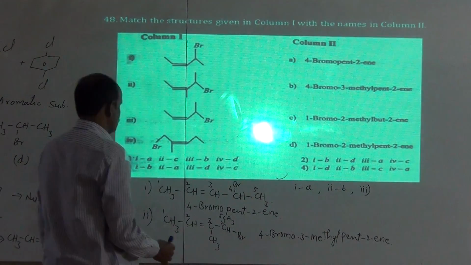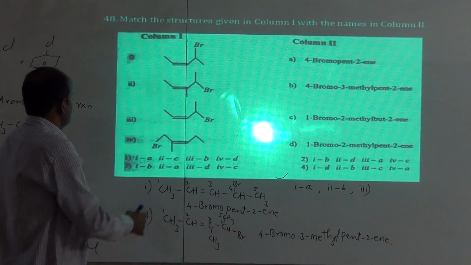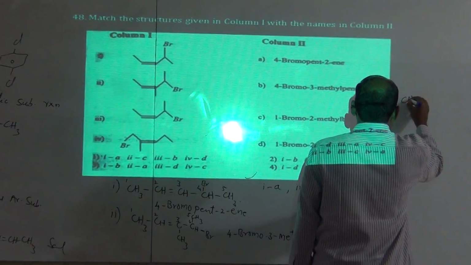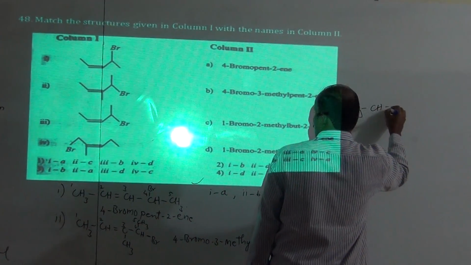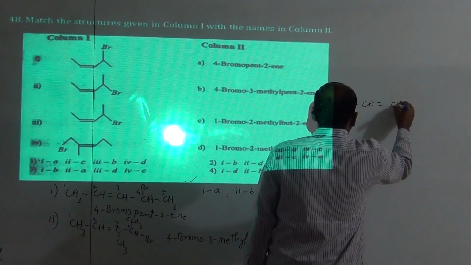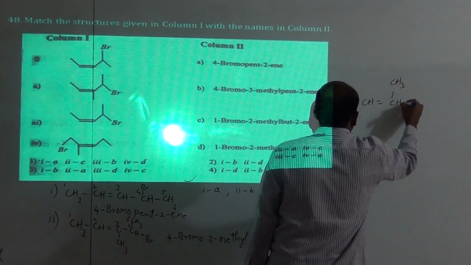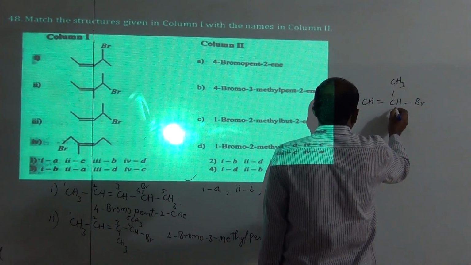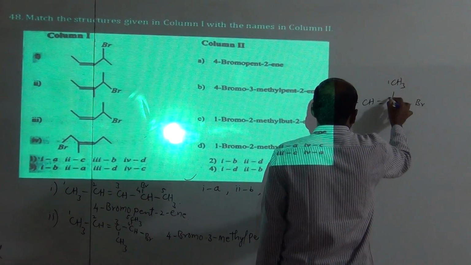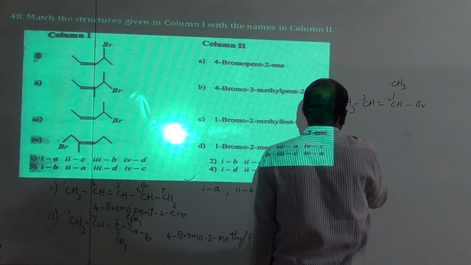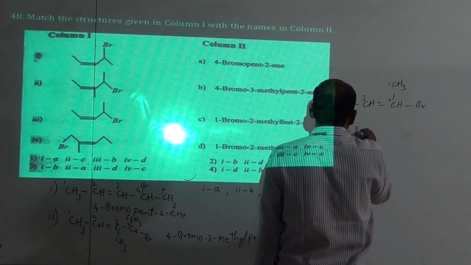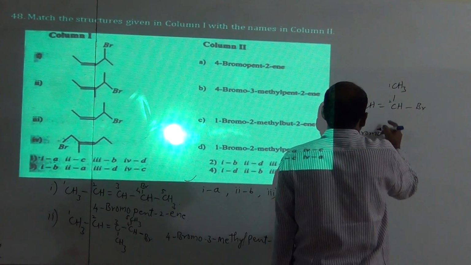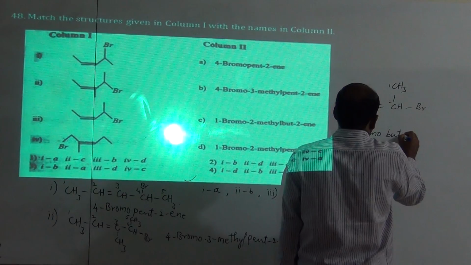Okay, next third one. What is that third one? CH3, CH double bond CH, here CH3, this is the Br. Then here double bond, 1, 2, 3, 4. Then 2-bromo, 2-bromo, but-2-ene.